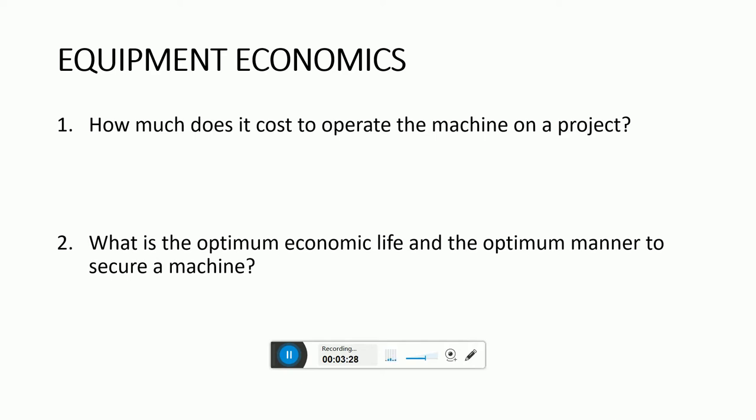For example, if a machine, say a dozer, can push a certain amount of earthwork, for example 400 cubic yards per hour, and it has an ownership and operating cost of $100 per hour, we divide the cost, the 100, by the production.